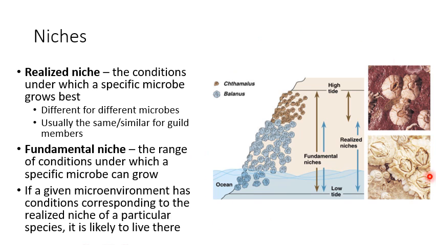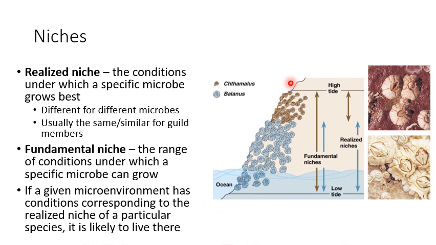This diagram here is illustrating the concept of realized niche versus fundamental niche for barnacles. These concepts don't just apply to microbes, they apply to any species at all. Here we have a rock coming out of the ocean, with a low tide mark at the bottom of the rock and a high tide mark at the top.